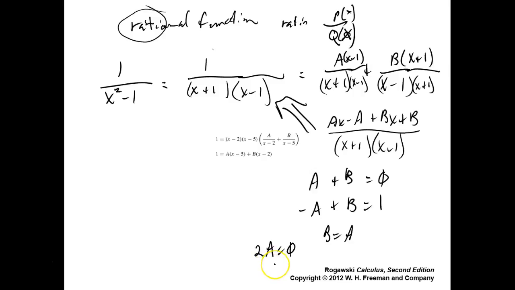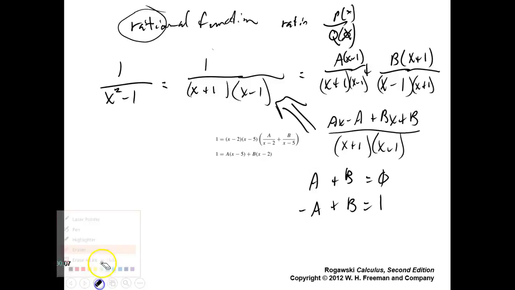So I've done this backwards. Sorry about that. Let me back off. I messed things up there. Let's do the top one first. The top one tells us that a is equal to minus b.